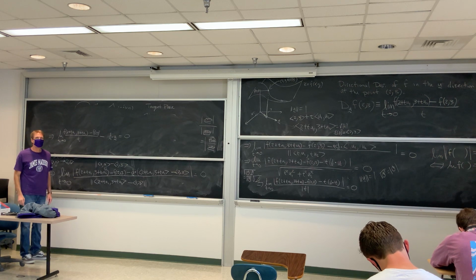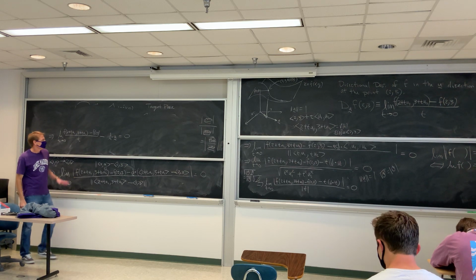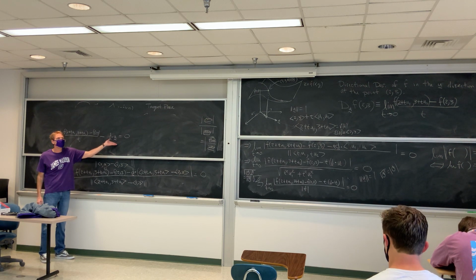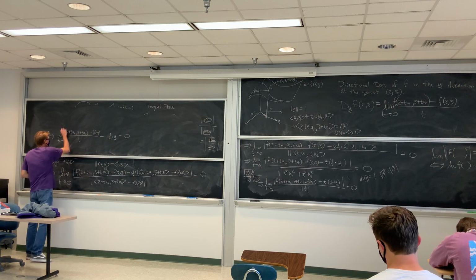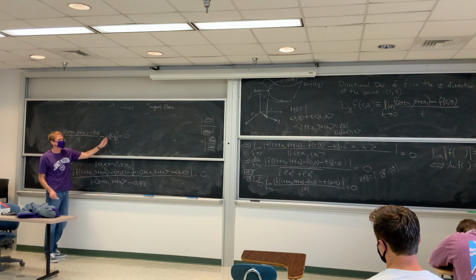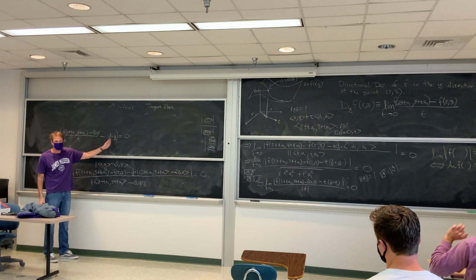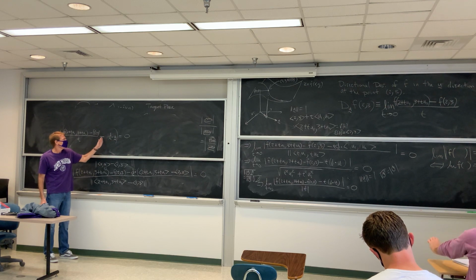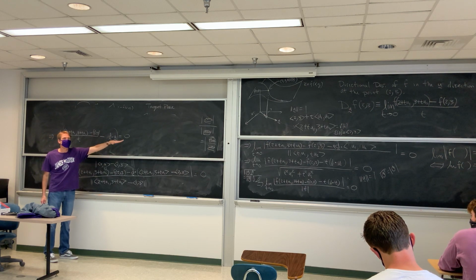How many people are following? Now this is just a constant. The limit of a constant is a constant. This is d dot u. Could I take the d dot u to the other side? I don't like the negative.